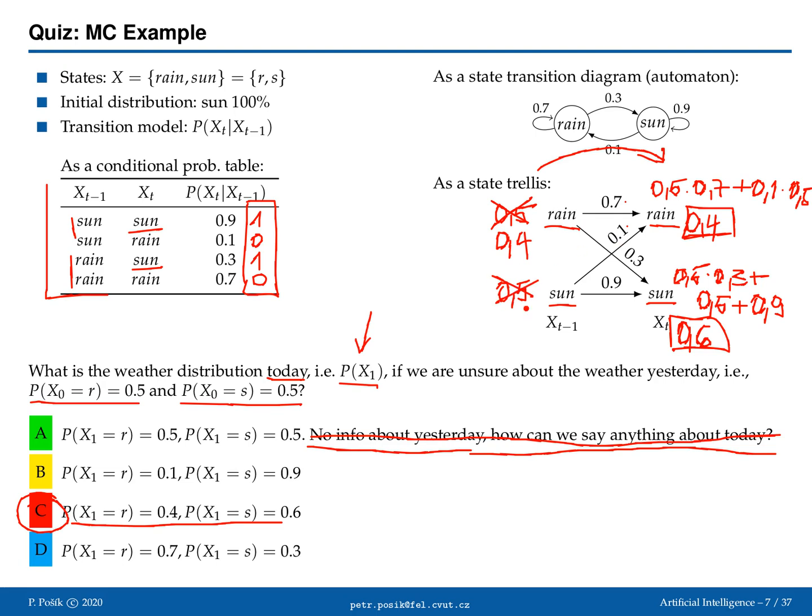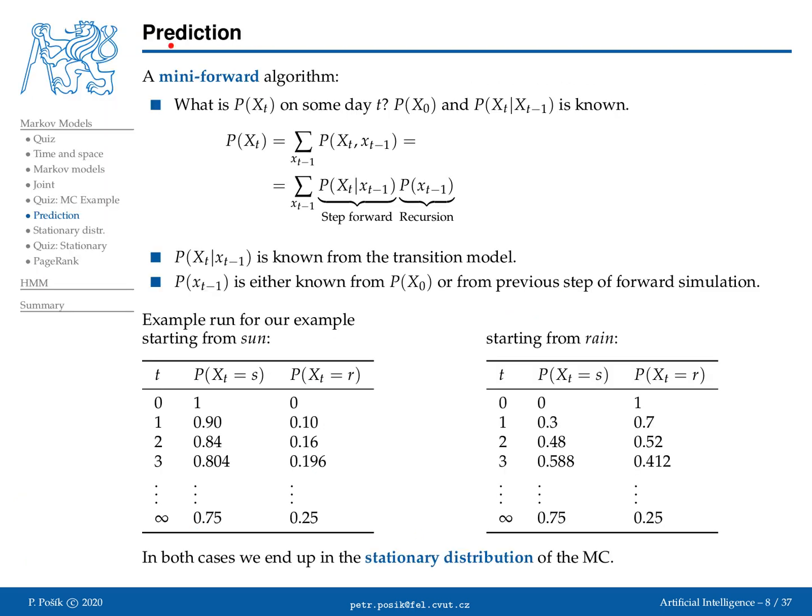Instead of 0.5, 0.5, we have 0.4 and 0.6. And you can basically repeat the computations and get the estimates for tomorrow and for the day after tomorrow. Okay. This is what is called a prediction.